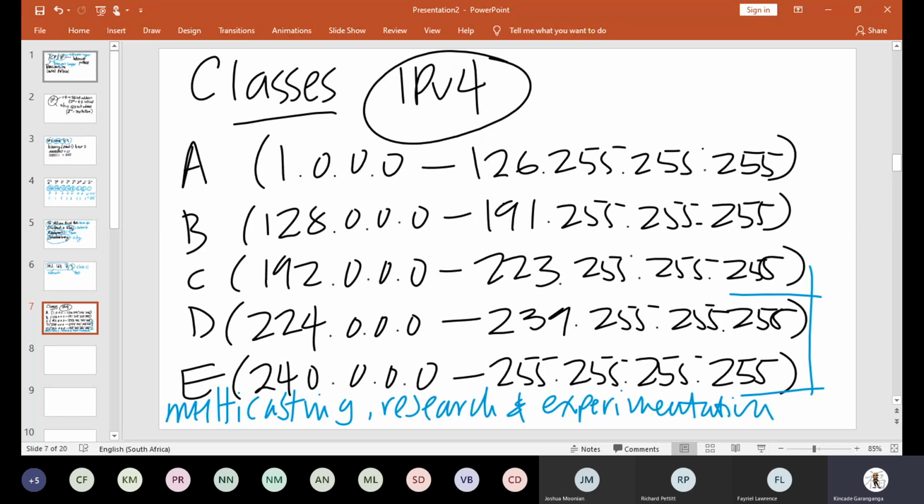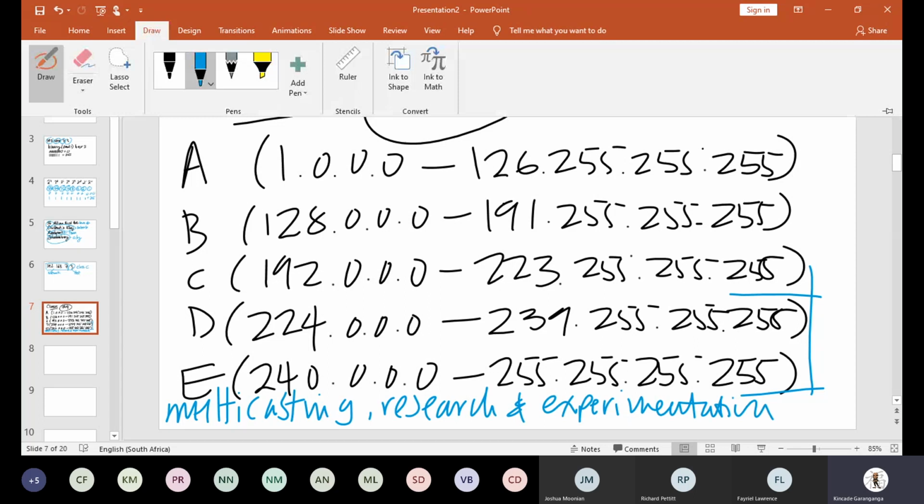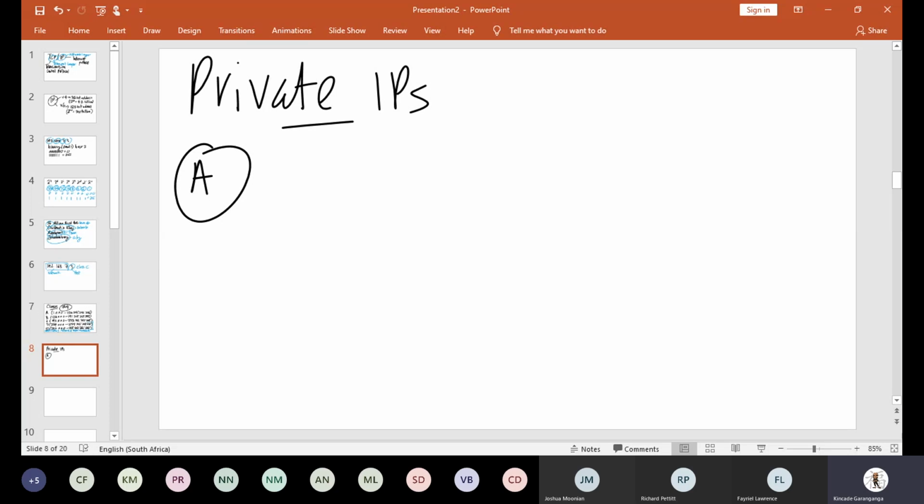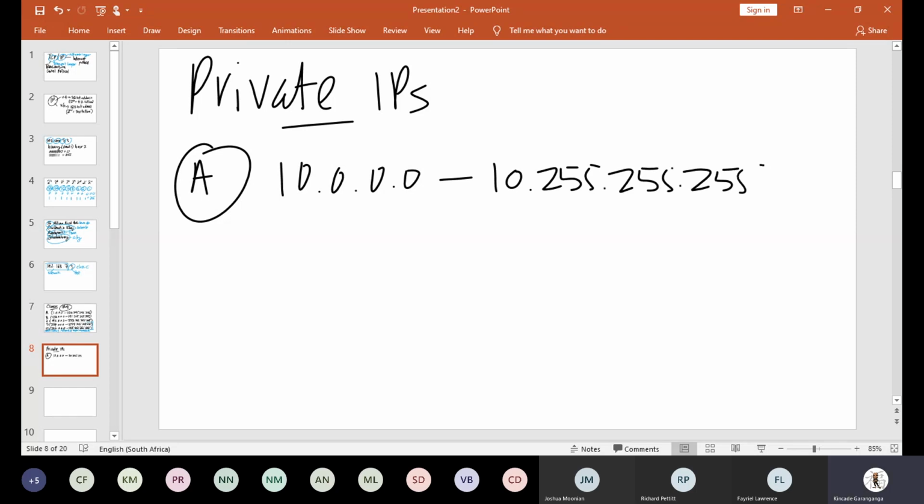So before we look at how NAT actually functions, let's look at the different private IP addresses associated with IP version 4. So you've got private address ranges, so private IPs. As far as these private IPs are concerned, Class A would have 10.0.0.0 all the way to 10.255.255.255.